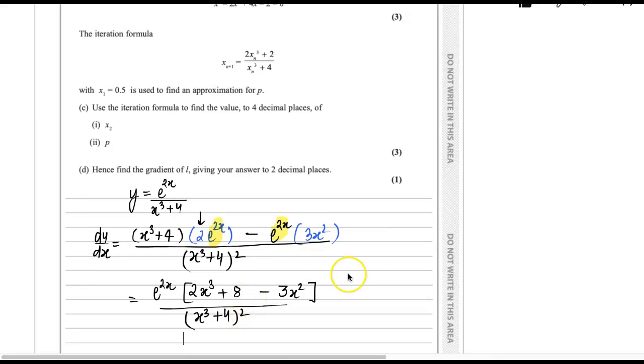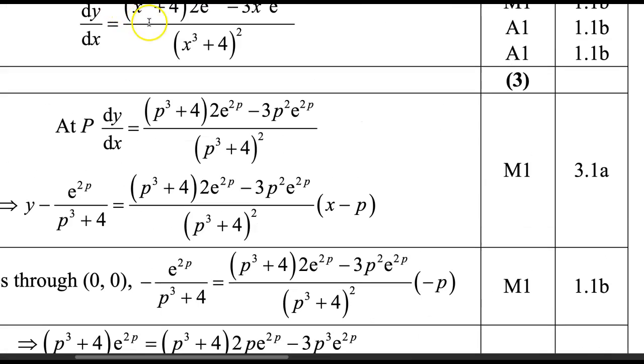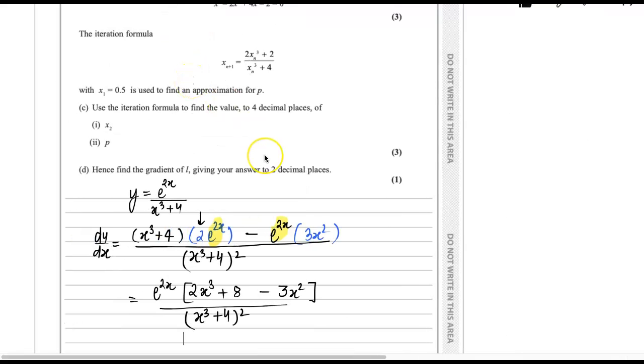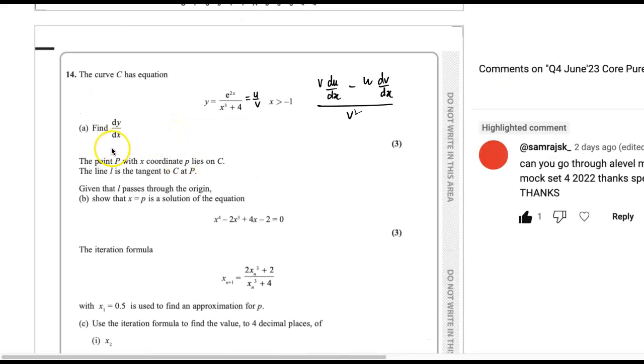We can't simplify it more than that because we have different variables with different powers. Let's check the answer. They are keeping it as it is. That's fine, we can leave it as it is because no further simplification is there. Any way is correct.